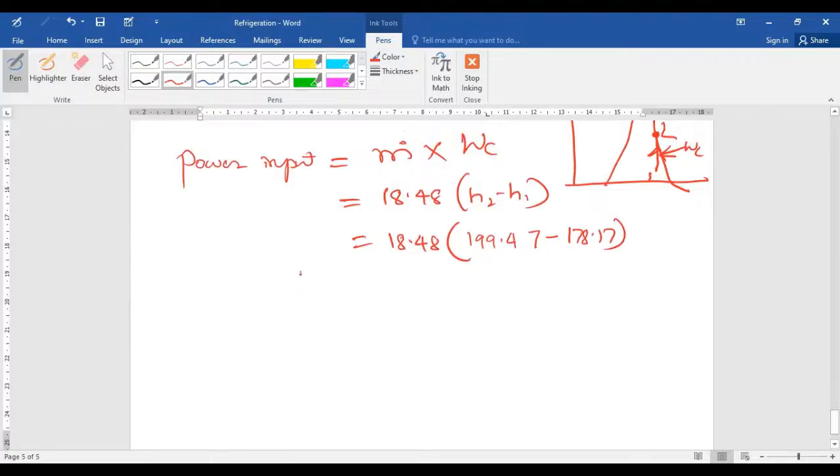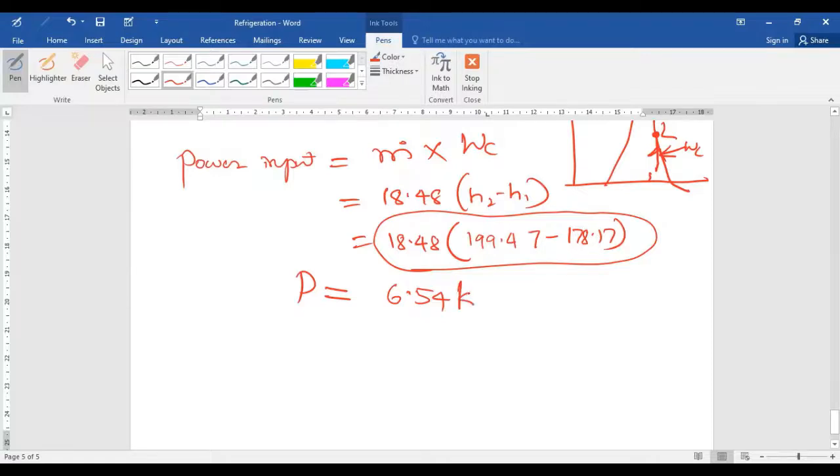Simplify this equation, and for the power input, write this formula in the calculator and tell me the value. Some students are replying they are getting 6.54, correct. This is in kilowatt. So this is the power.